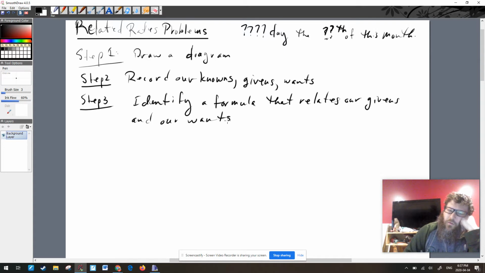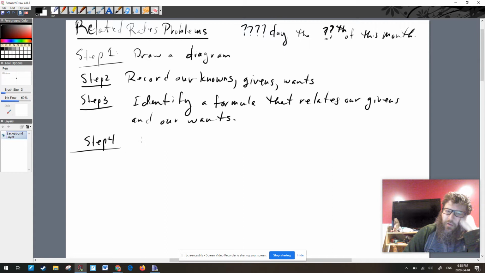In a lot of cases that's going to be pretty obvious. Sometimes we're going to use one formula to do some of our work and a secondary formula for other pieces, but examples will definitely clarify what's going on.